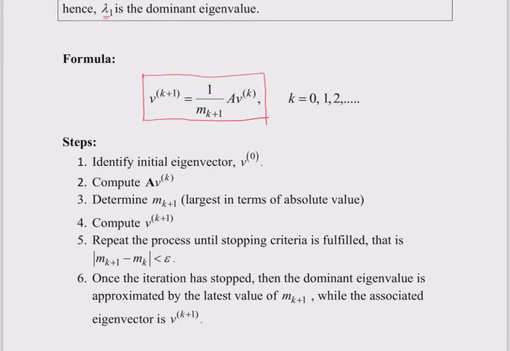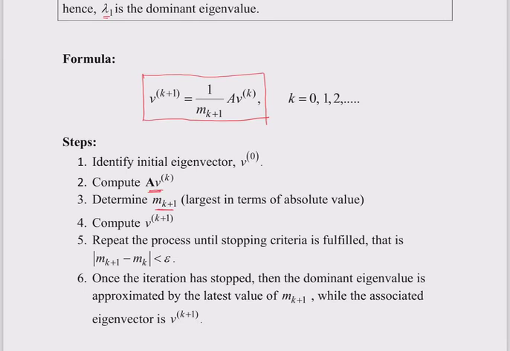First, we need to identify our initial eigenvector. And then we compute A multiplied by our eigenvector. And then we can determine m k plus 1, the largest component in terms of absolute value. We want to find our m.